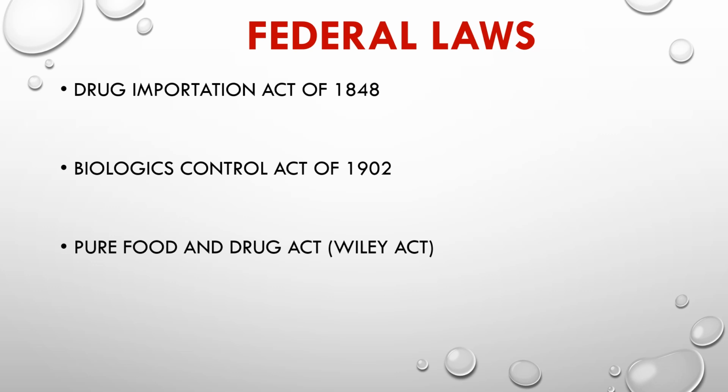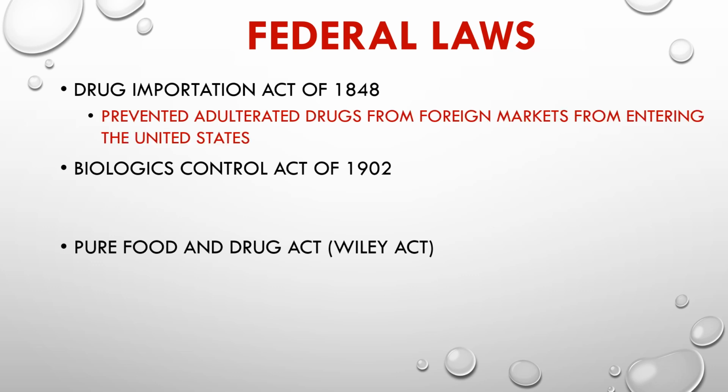So then some of the history of some of these laws that are in place, mainly following the federal laws. The first law really about drugs was in 1848, and this was the Drug Importation Act, and as the name implies, this was talking about importing drugs. So this prevented adulterated drugs from the foreign market from entering the United States.